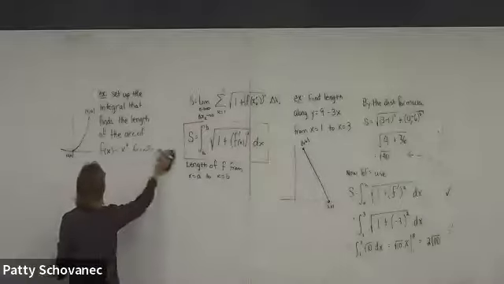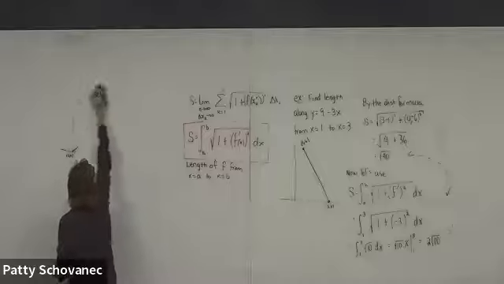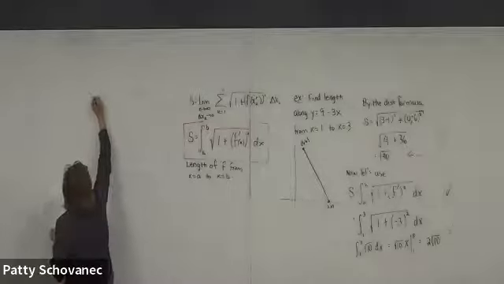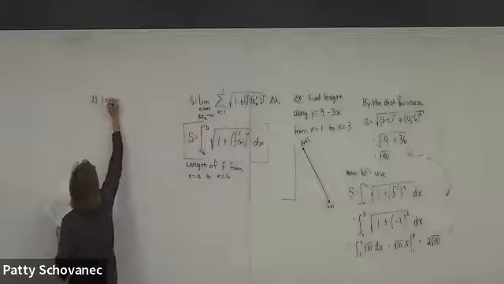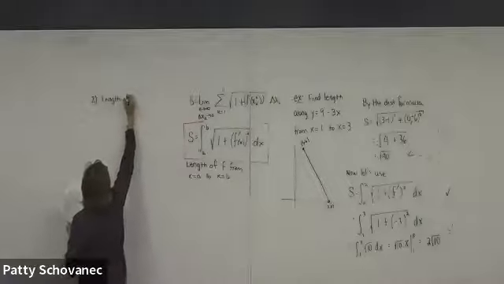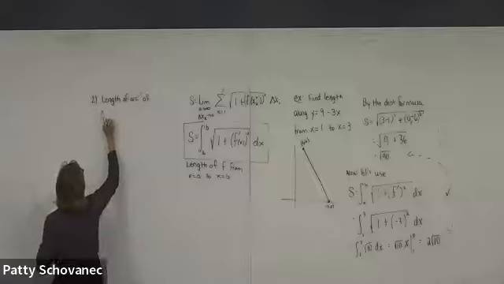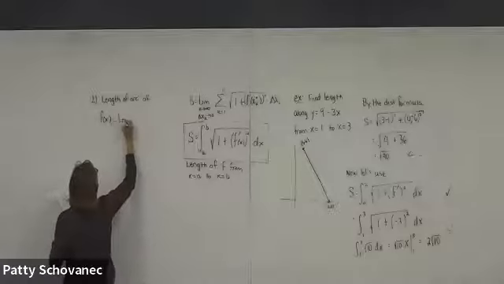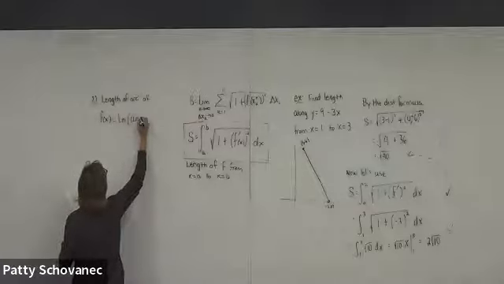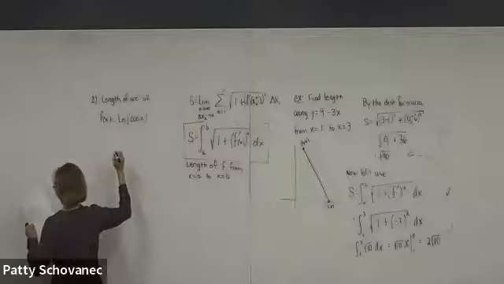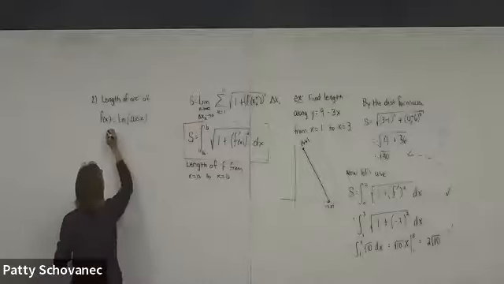Let's set up the integral that finds the length. Find the length of the arc of f of x equals the natural log of the cosine of x on the interval from 0 to pi over 4.